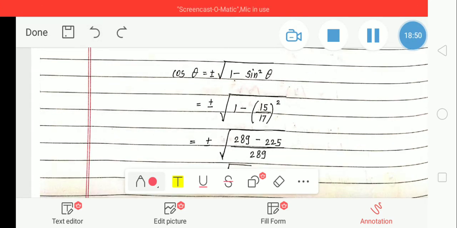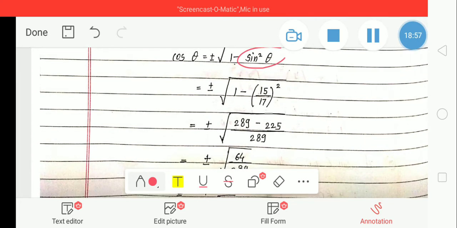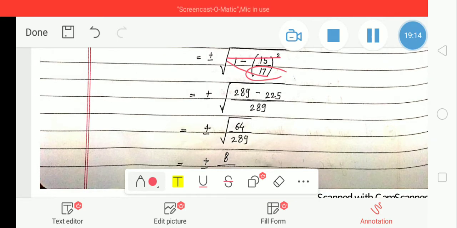प्लस माइनस अंडर रूट 1 minus sin square theta, साइन की वैल्यू क्या है 15 डिवाइडेड बाय 17 होल स्क्वायर. नाउ 17 का स्क्वायर 289, so 289 minus 225 divided by 289. 289 minus 225 gives 64 divided by 289.